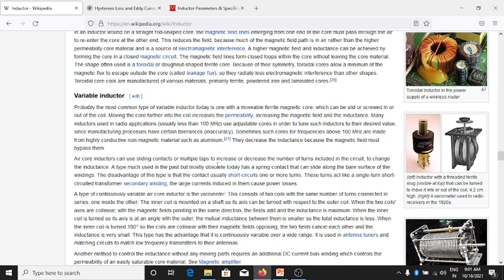Many inductors used in radio applications use adjustable cores in order to tune such inductors to their desired value, since manufacturing processes have certain tolerances. Sometimes such cores for frequencies above 100 MHz are made from highly conductive non-magnetic material. Clear?